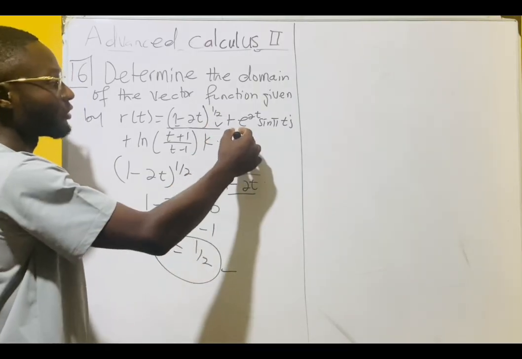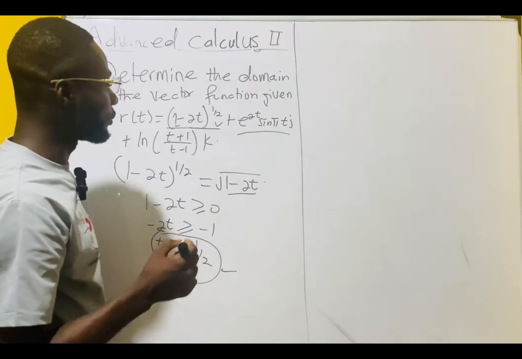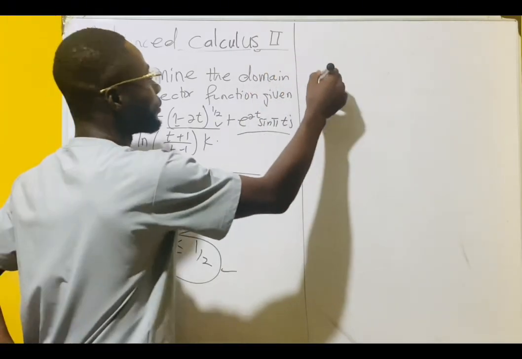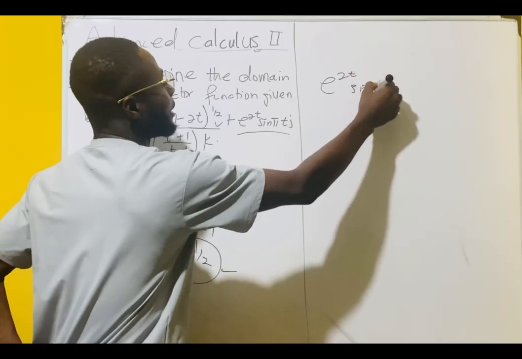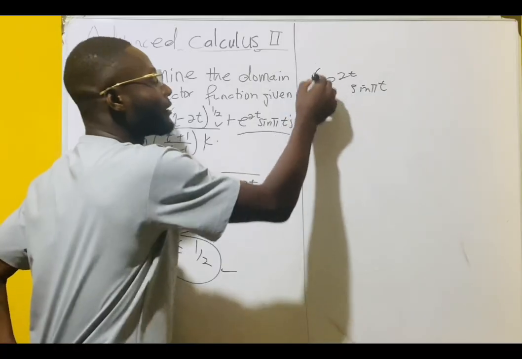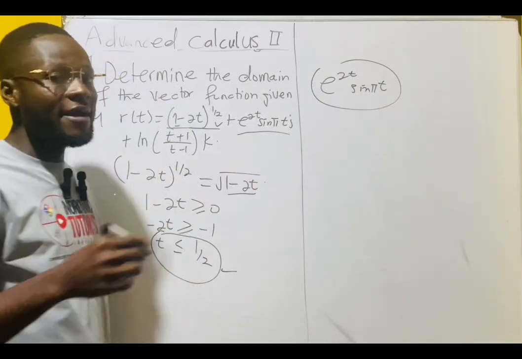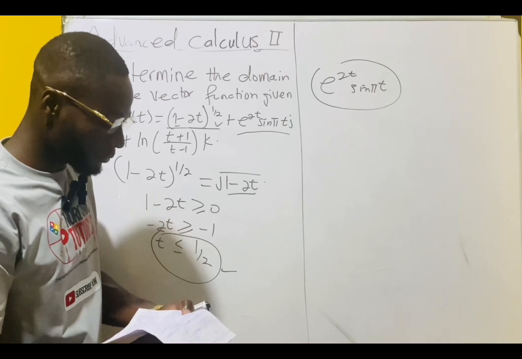So we have to move on to the second component and check the value that is going to work for it. So the second component, which is e to the 2t sine pi t, right? We know that this will be defined for all real numbers.